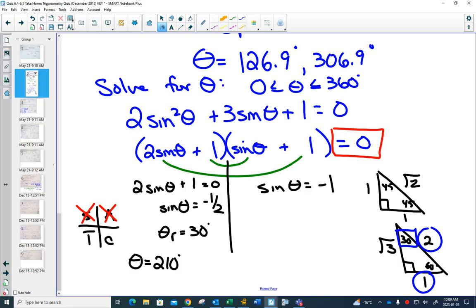In quadrant 4, you would go 360 minus 30 degrees, 330 degrees. And if you wanted to, you could draw those, label 30 degrees, and then think about finding those angles that way as well.